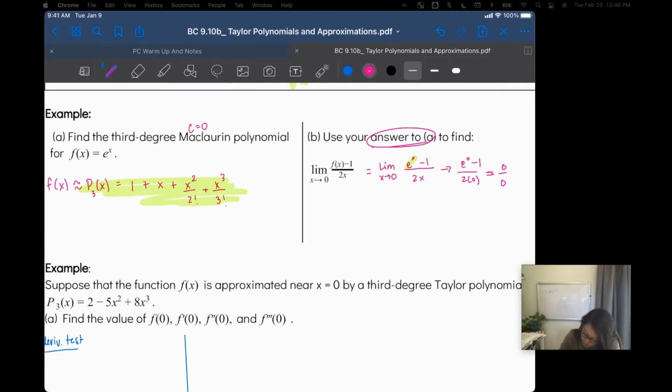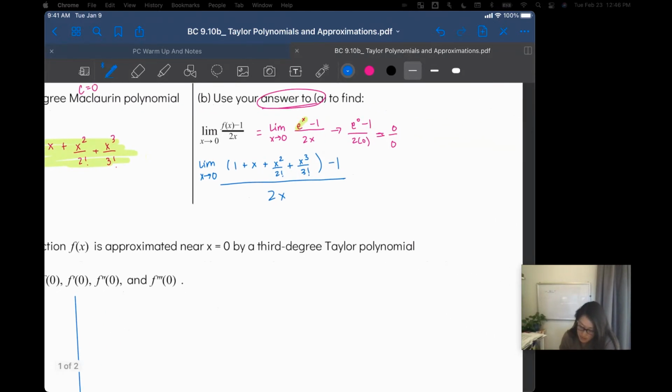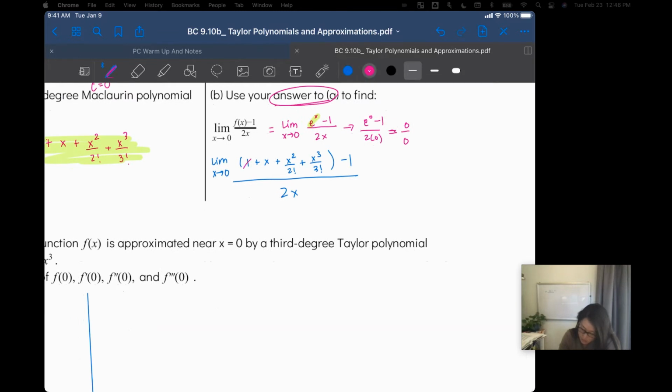So I'm going to write the limit as x approaches 0 of 1 plus x plus x squared over 2 factorial plus x cubed over 3 factorial minus 1, over 2x. And what happens is the ones cancel.